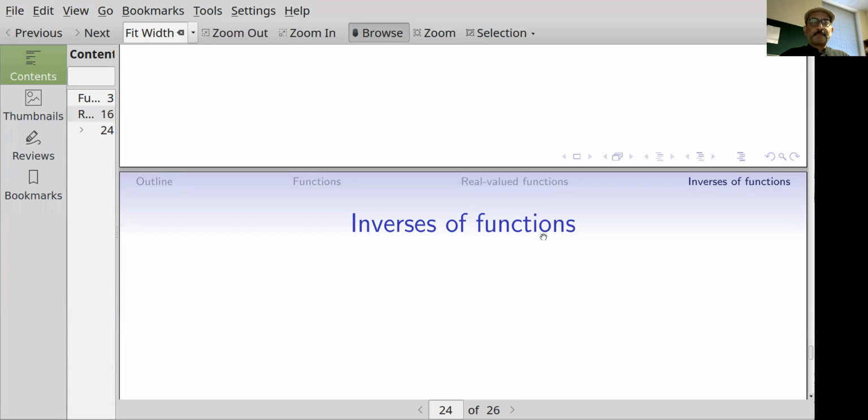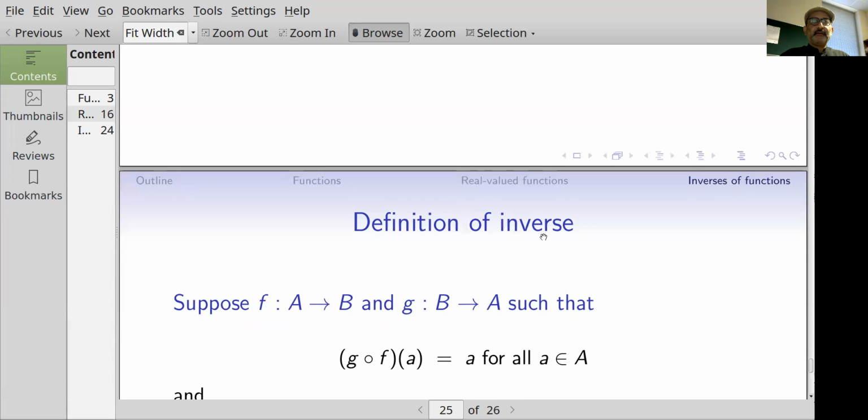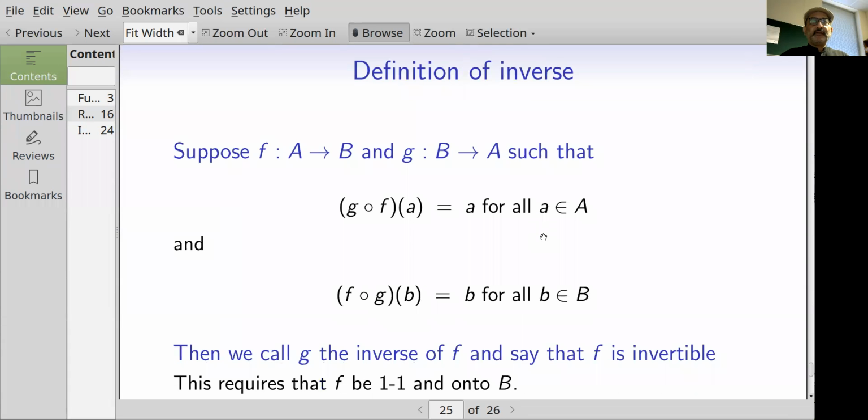Inverses of functions. Now, supposing f maps A to B, g is mapping in the other direction, from B to A. Supposing that the composition g composed with f, acting on a, gives me a for all a in A. And also, f composed with g, acting on b, will give me b for all b in B. Then we call g the inverse of f, and we call f the inverse of g, and we say that f is invertible.